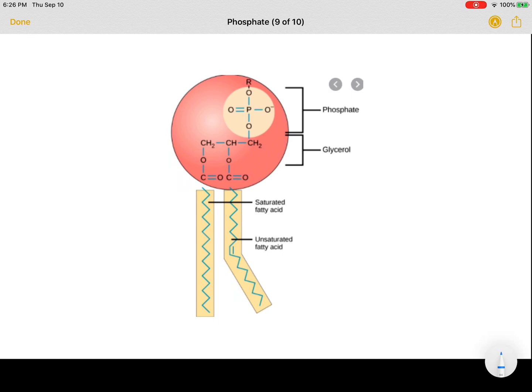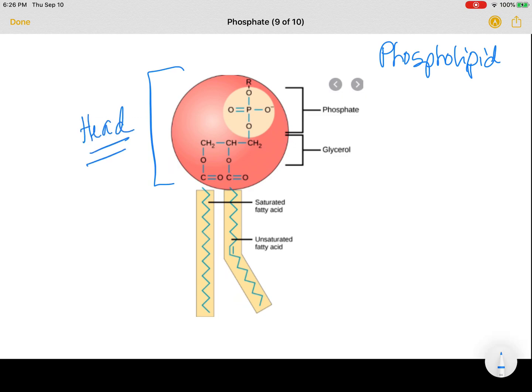Okay, so we have just a couple more structural things to look at. So this is that phospholipid. And we have a head end phospho because it has a phosphate group. And it has a glycerol because that's what these fats have as part of its backbone. It just has a phosphate group attached to it.